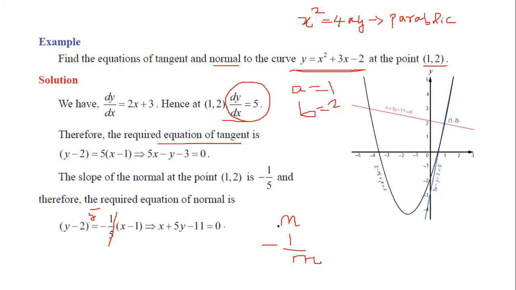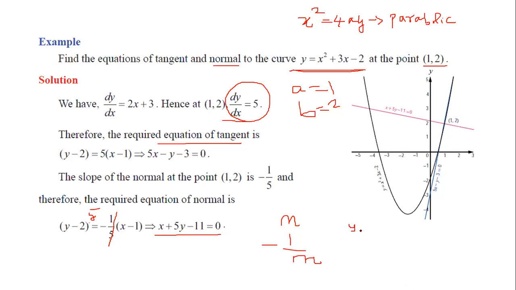So here we are taking m equal to 5. That means slope is 5. Then the normal is minus 1 by m, that means minus 1 by 5 we are multiplying here. Otherwise we can multiply that 5 here and then multiply with minus. So that is the same thing. x plus 5y minus 11 is the equation of the normal.